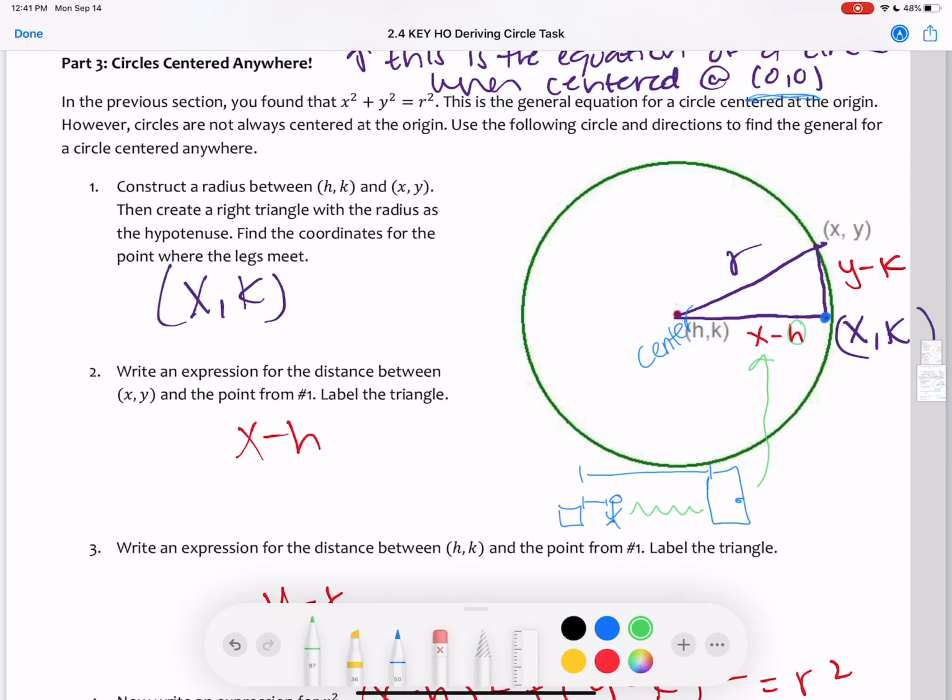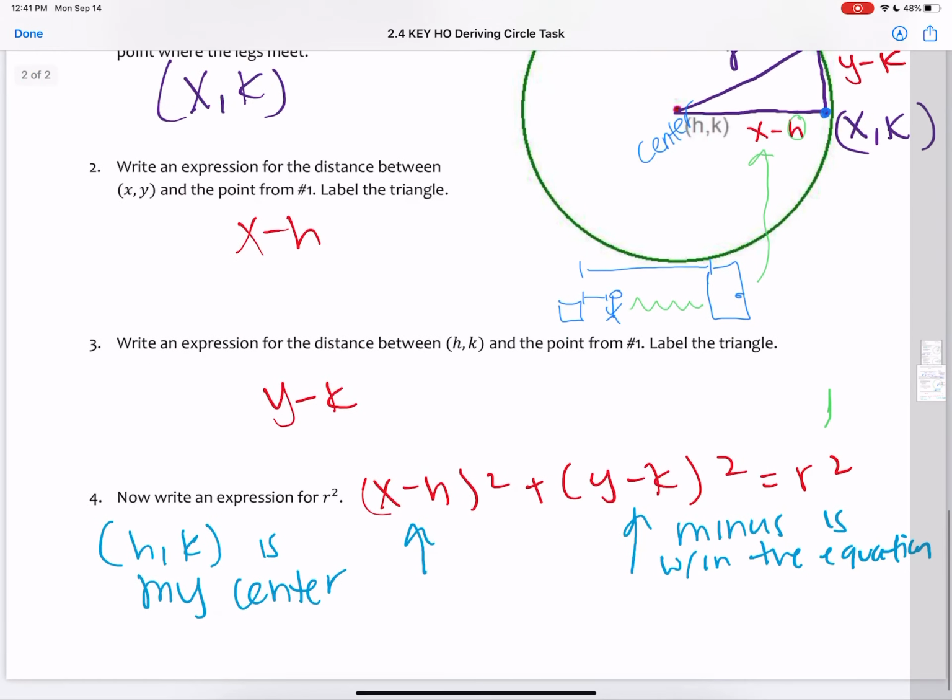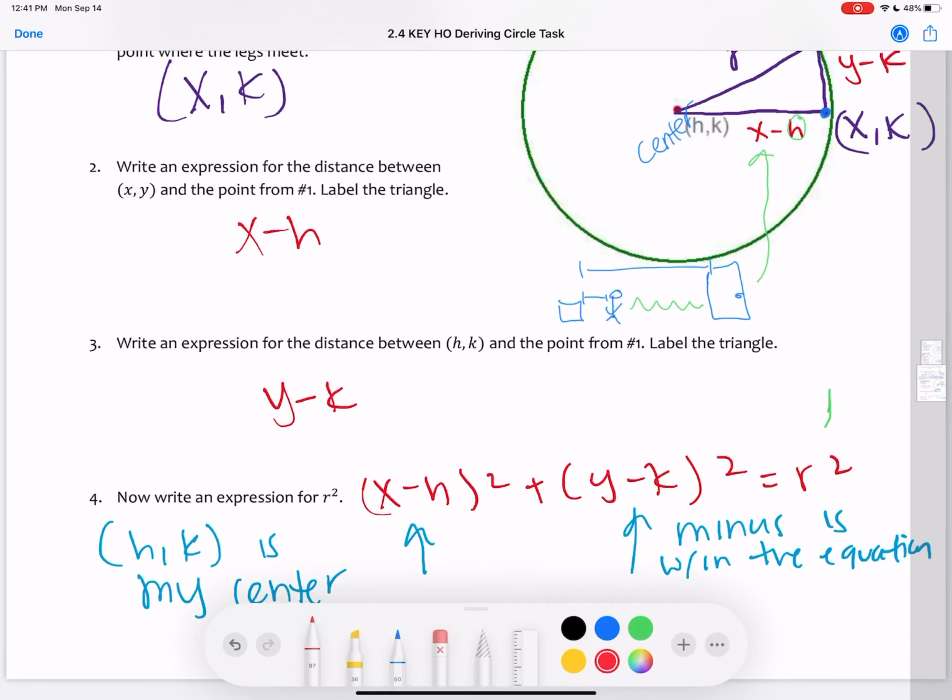So the h is the x coordinate of the center, and the k is the y coordinate of the center. And we still are going to use the Pythagorean theorem, a squared plus b squared equals c squared, but this time the distance is x minus h for the horizontal, y minus k for the vertical, and r squared is still representing the radius.